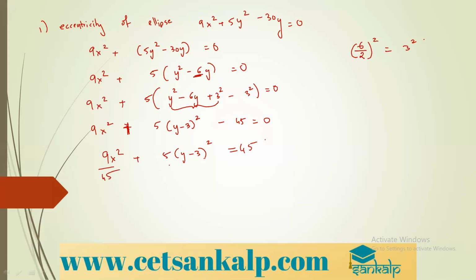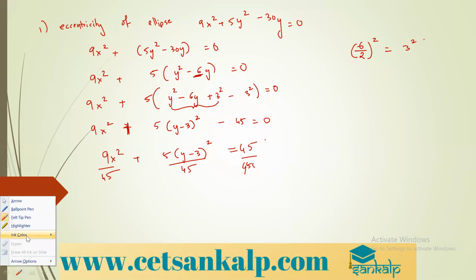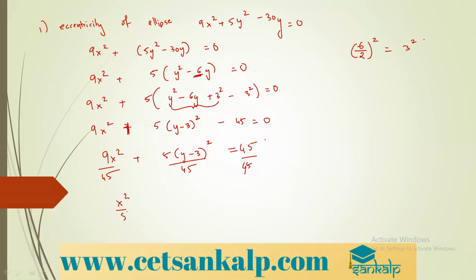I can divide by 45 everywhere. What is the purpose of dividing by 45 everywhere? I will get the equation of the ellipse: x square by 5 plus y minus 3 whole square by 9 equal to 1. This is the standard form of the ellipse which I got here.